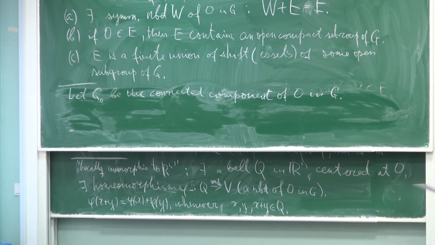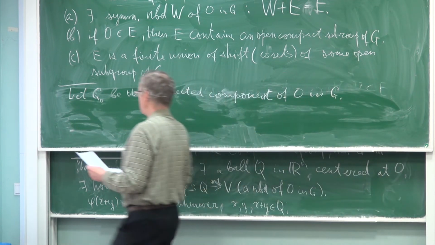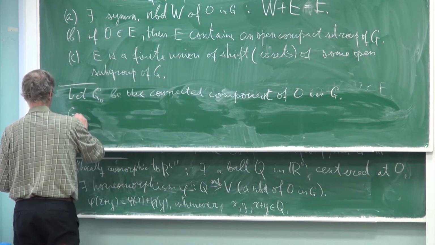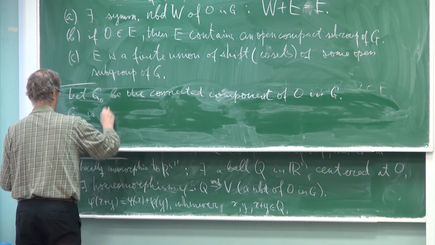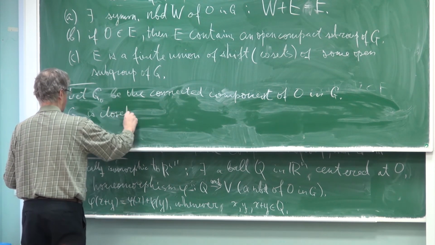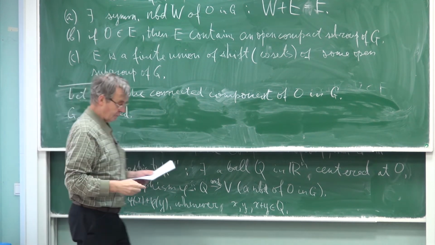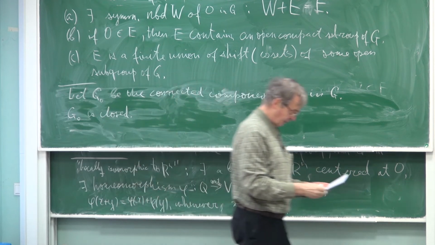So G0 is closed. This is the reality. Simply because the closure of a connected set is closed itself.